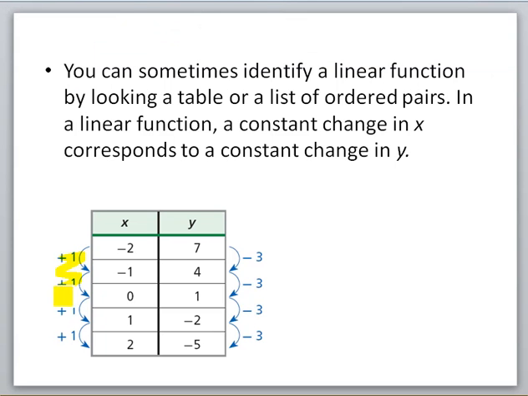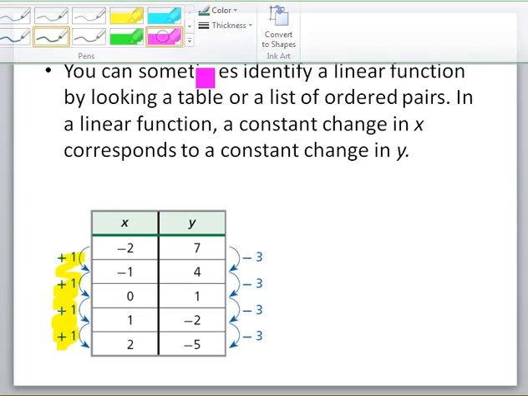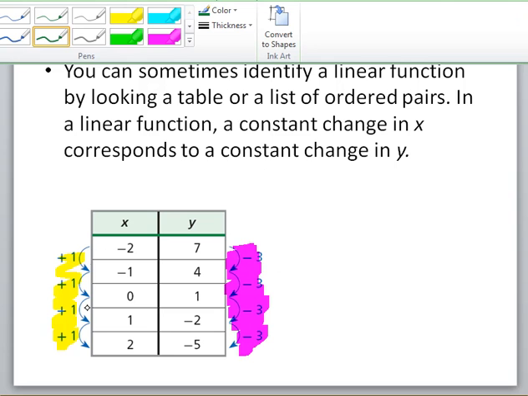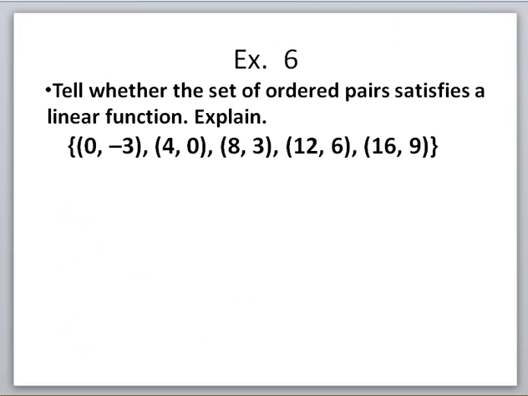Well, in this one, the constant change in x is a positive 1, where the constant change in y is a negative 3. Now, I will mention that these values will not necessarily match up. The constant change in x can be different than the constant change in y. Let's go and see if we can get through an example here.